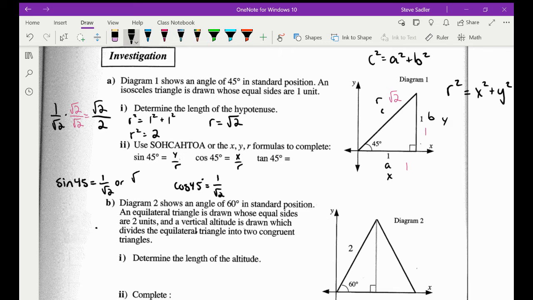So we can rewrite that as root 2 over 2 for both of them. And then tan is going to be y over x. So our tan ratio for 45 is going to be 1 over 1, or that's just equal to 1.